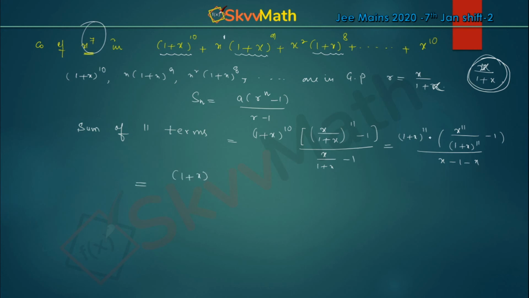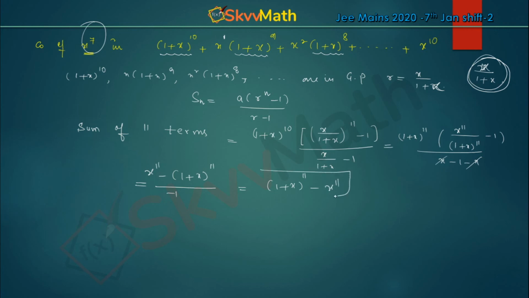If I take it inside, the (1+x)^11 will cancel. You will get x^11 minus (1+x)^11, divided by minus x plus x, cancel, you get minus 1. If you take the minus common, the simplified form of the given expression is (1+x)^11 minus x^11.